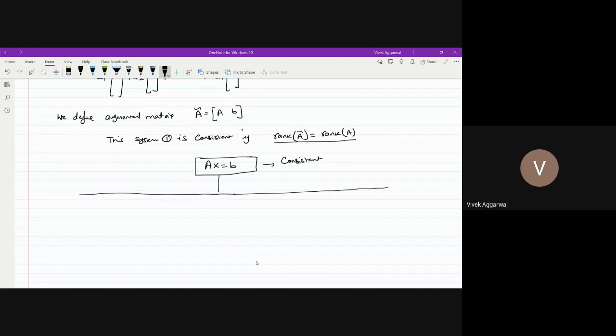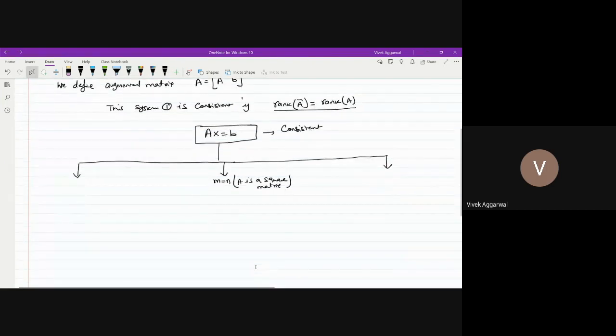So we can classify this into three categories. The first category is when m is equal to n. In that case, our matrix A is a square matrix, and its rank is the same as the augmented matrix, so it is consistent.